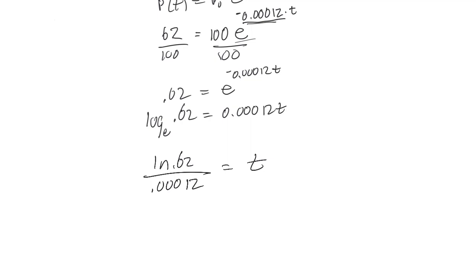So this is negative, this is negative, this is negative. So when you do that, your date is 3983.6, or let's call it 3984.